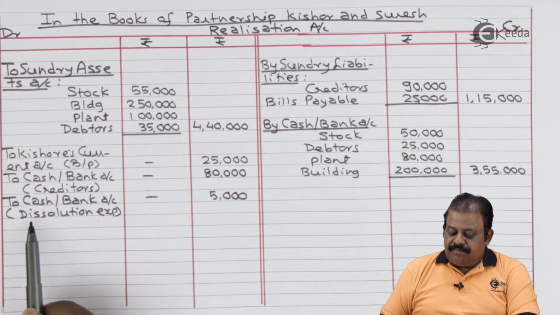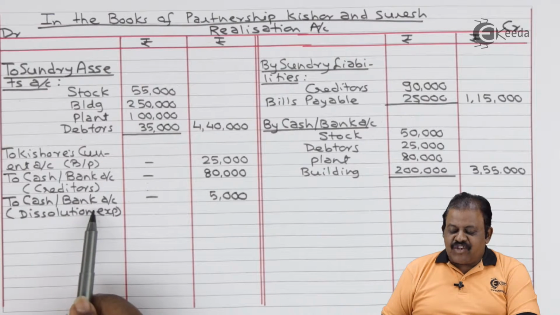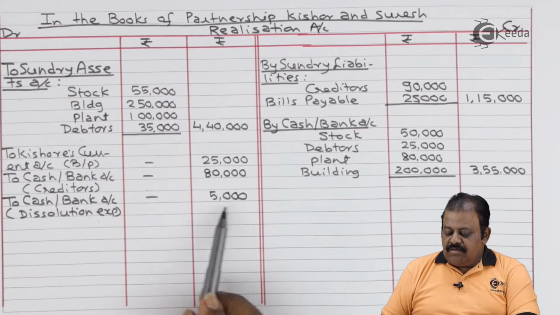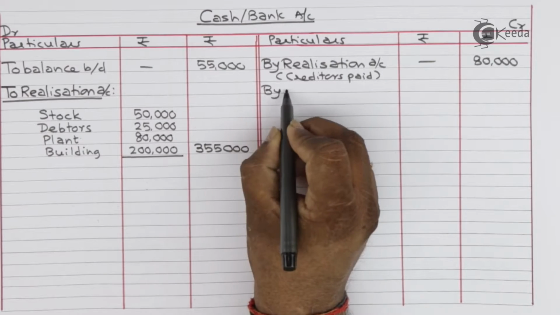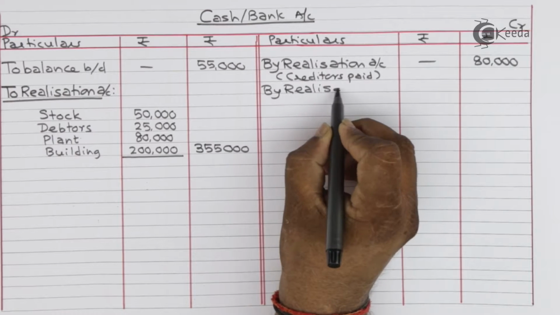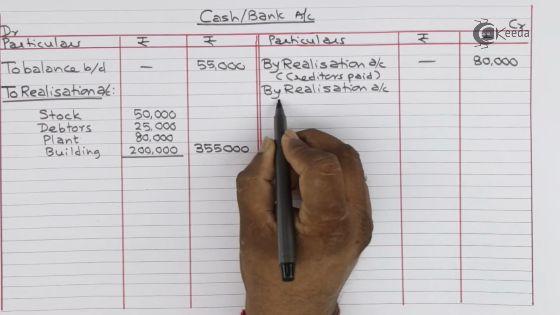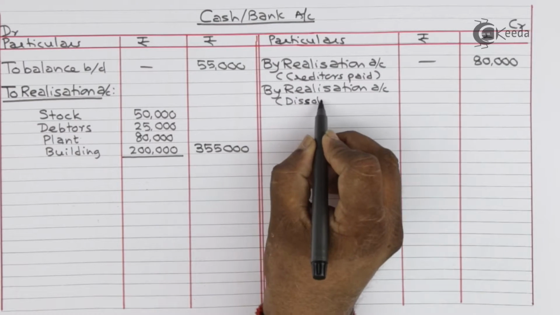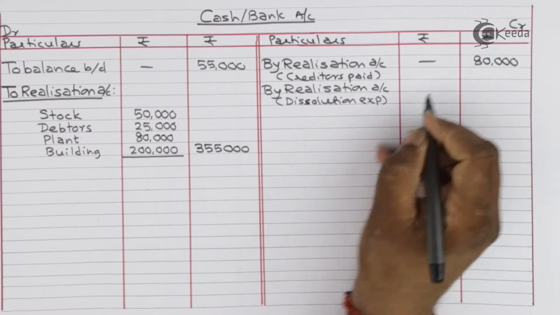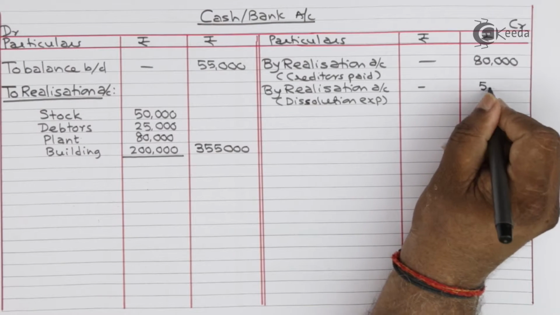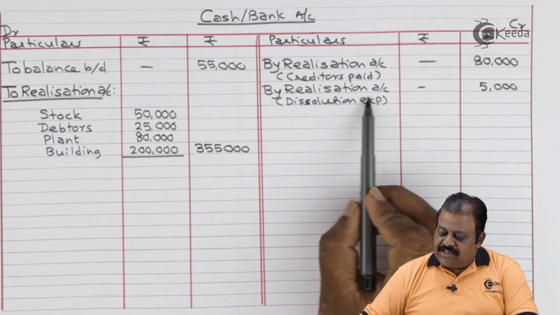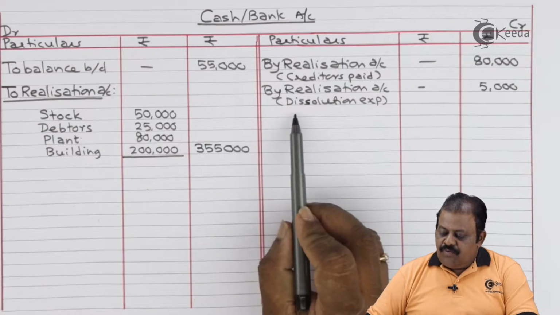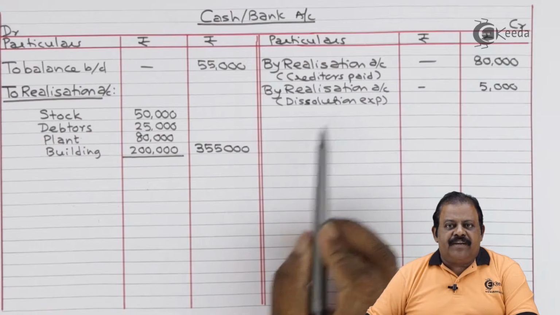Realization account debit to cash bank 5,000 for dissolution expenses paid. Cash bank account credit by realization account 5,000 for dissolution expenses paid.